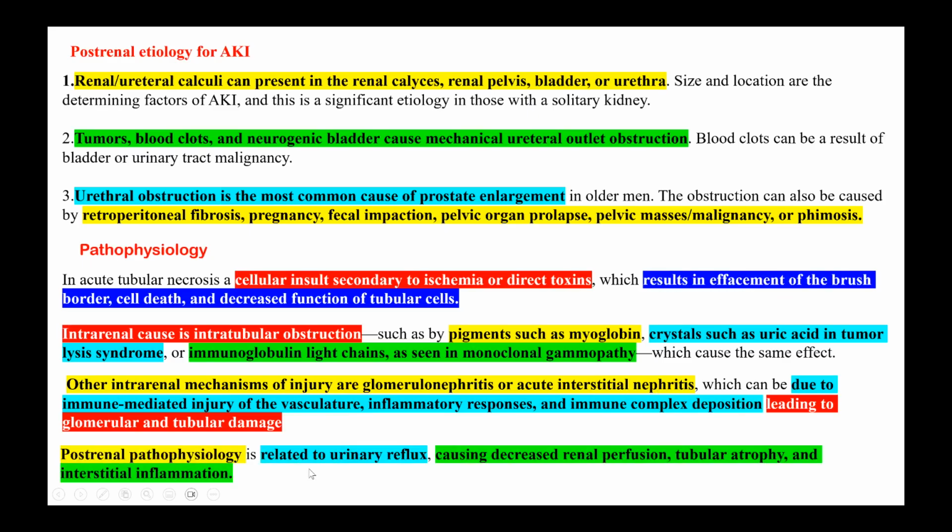And in post-renal, it is usually a reflex phenomenon because of the obstruction. Urine goes back, causing decreased renal perfusion, tubular atrophy, and interstitial inflammation. All these things are happening because of the retrograde pressure effect. So this is the pathophysiology.